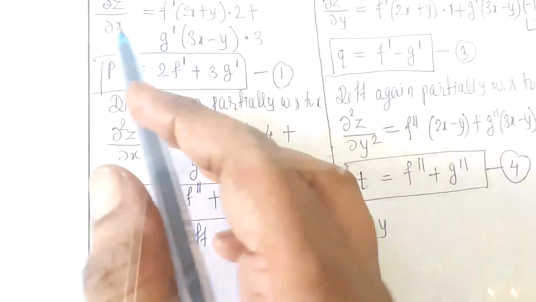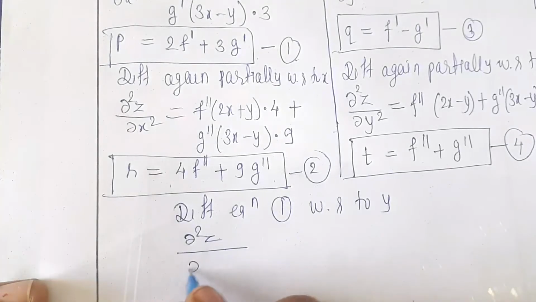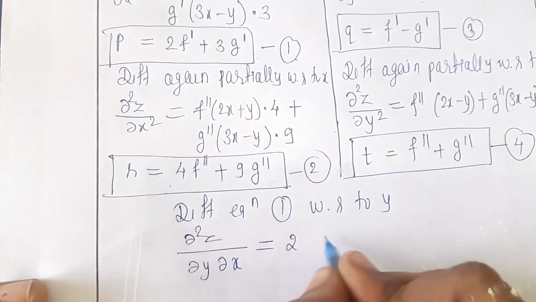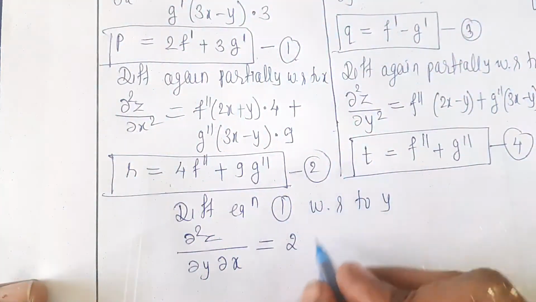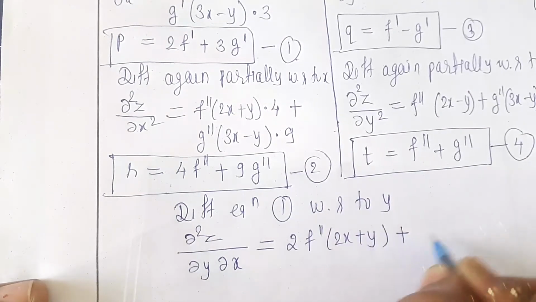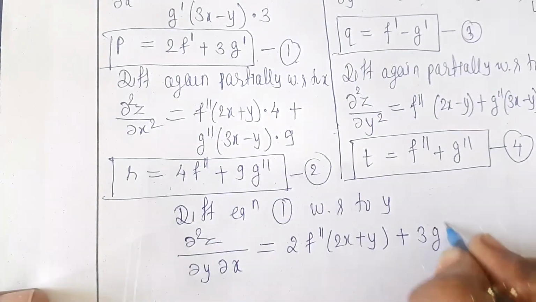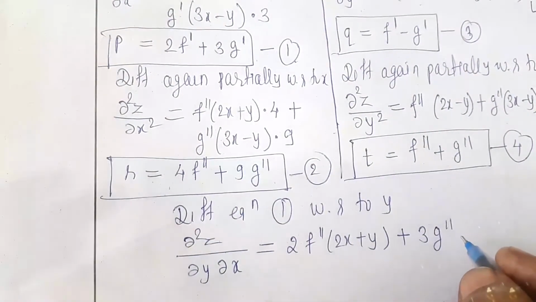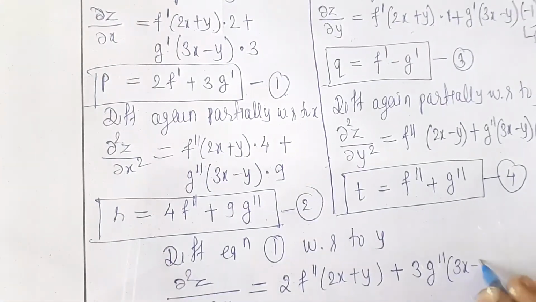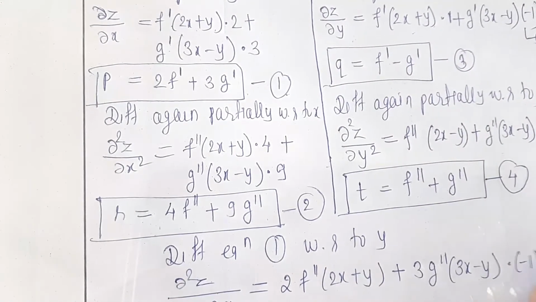So if I differentiate equation 1 with respect to y, we get del 2z by del y into del x. It is equal to 2 times the derivative of f dash with respect to y, which is f double dash of 2x plus y, plus 3 times the derivative of g dash with respect to y, which is g double dash of 3x minus y multiplied by the derivative with respect to y, so it is minus 1.